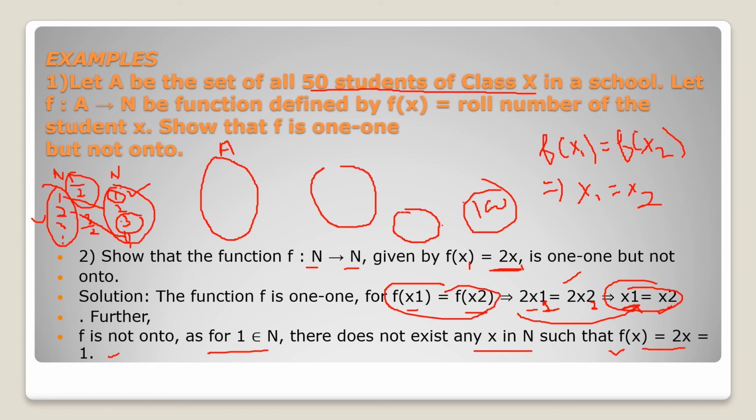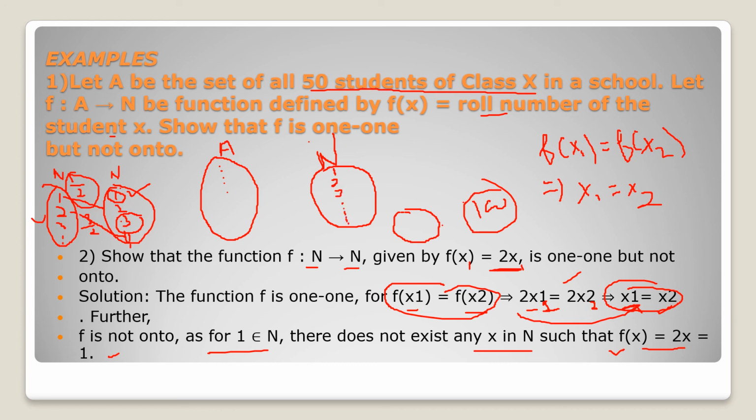N is what? N is the set of natural numbers. And how have we defined the function? The function is defined as f of x is equal to the roll number of the student x. So here we have 50 students, and we have roll numbers, let us say 1, 2, 3 and so on.